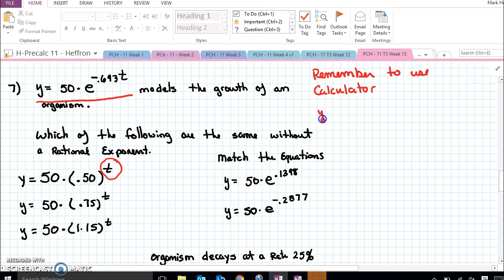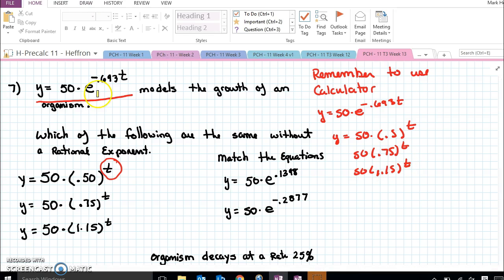You could graph y equals 50 times e to the negative 0.693t, and you could graph y equals 50 times 0.5 to the t, or 50 times 0.75 to the t, or 50 times 1.15 to the t. And if I recall, this matches this. So that's one way to approach a problem like that.